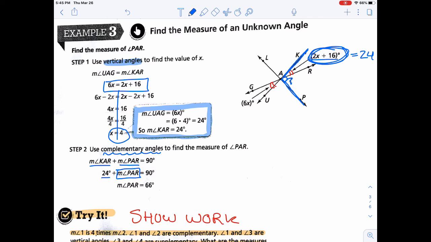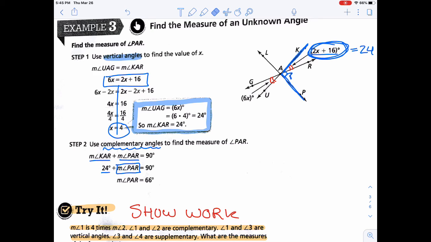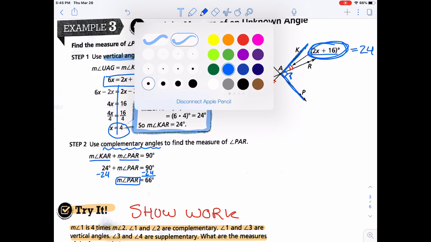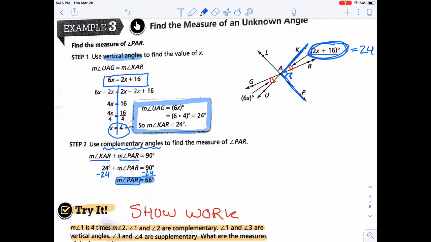They don't show exactly what they did, but remember, we're solving for measure of angle PAR. So how do we undo adding 24 to it? We subtract 24. So all they did was subtract 24 on both sides, and they did get that measure of angle PAR is equal to 66.